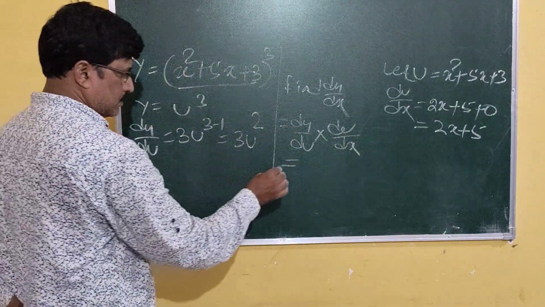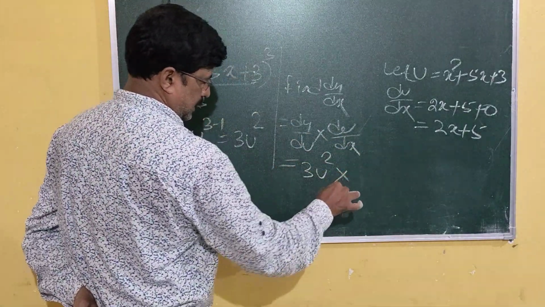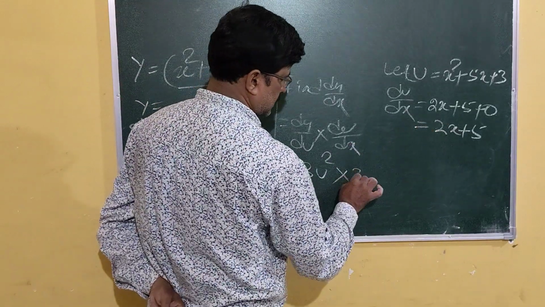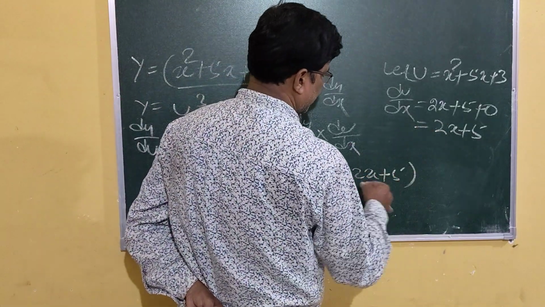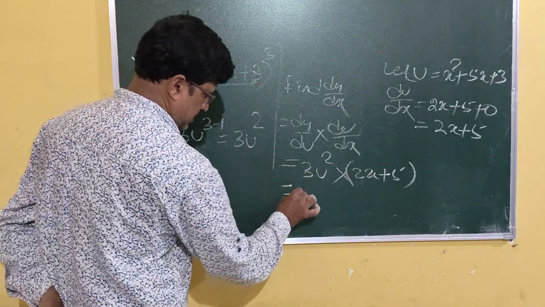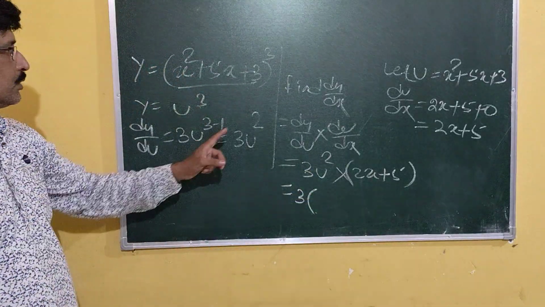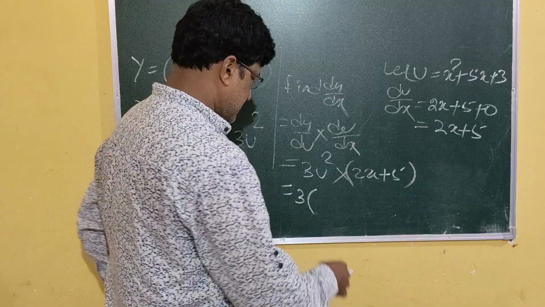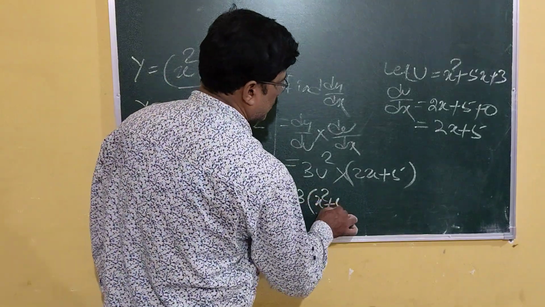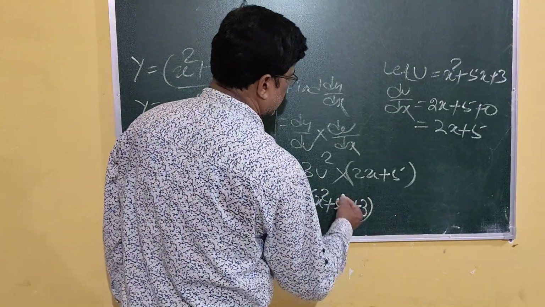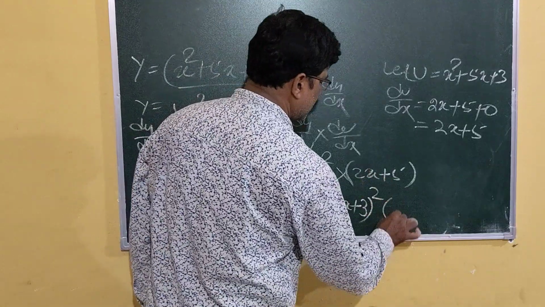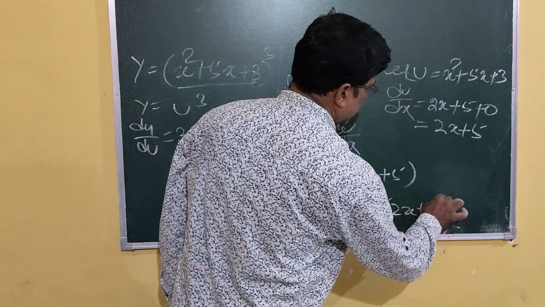So dy by du is equal to 3u square into du by dx, that is 2x plus 5. Now put the values. U is equal to x square plus 5x plus 3. So 3 into x square plus 5x plus 3 whole square into 2x plus 5.